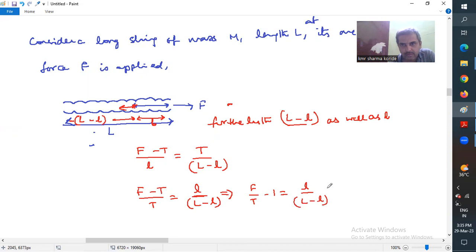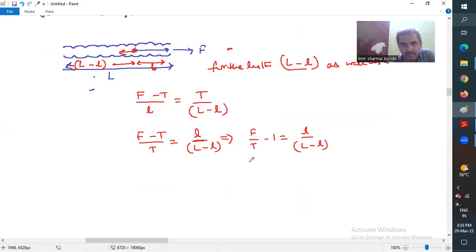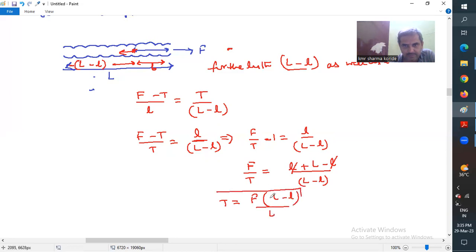Further, F by T is equal to l by L minus l plus 1. After taking LCM, l plus L minus l, the l and minus l get cancelled. So therefore the tension equation is T equals F of L minus l whole divided by L. So this is the equation of tension.